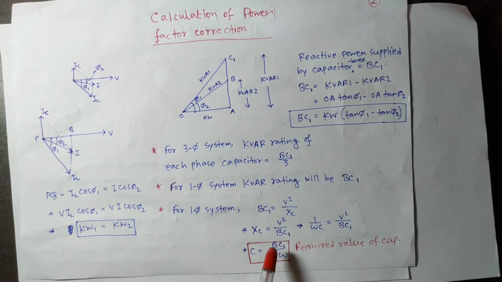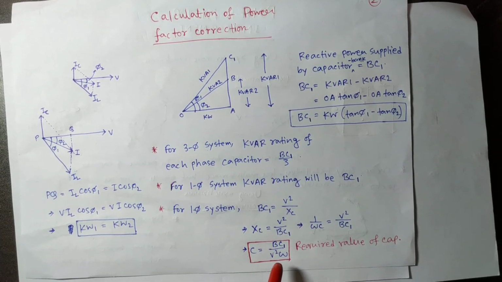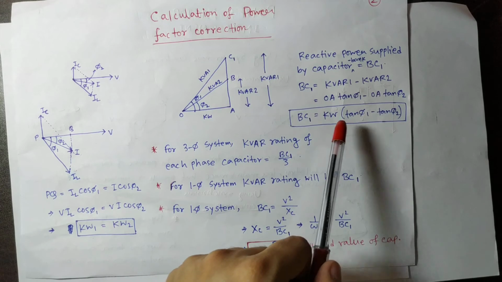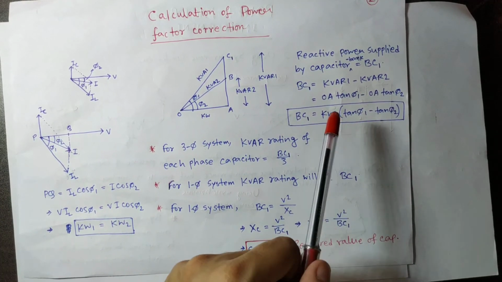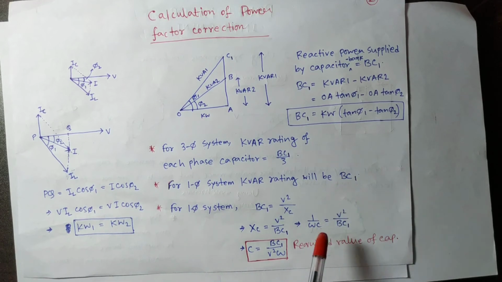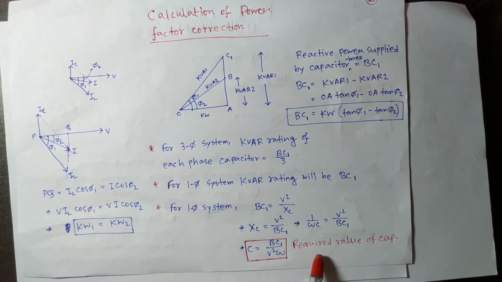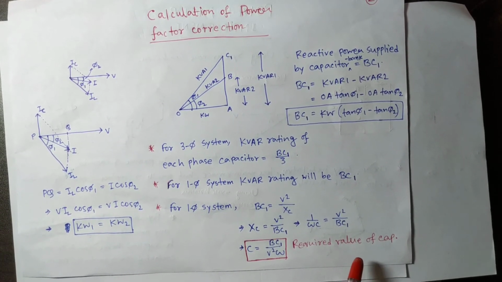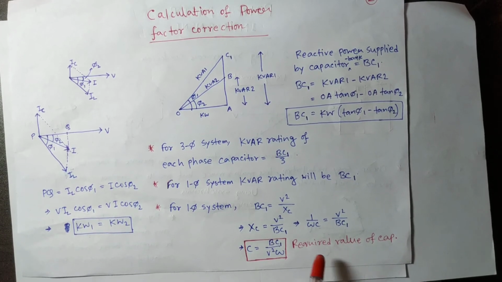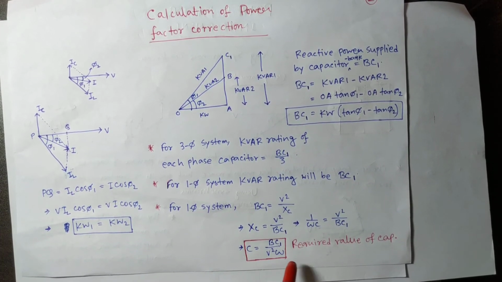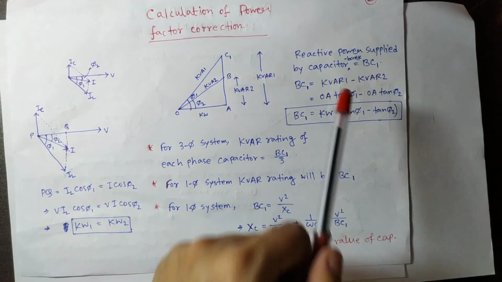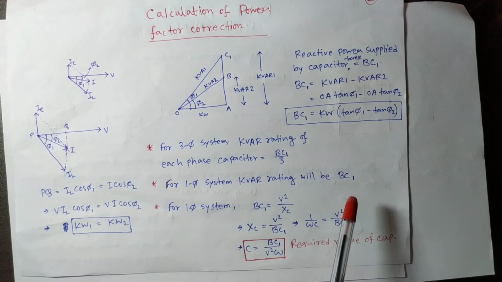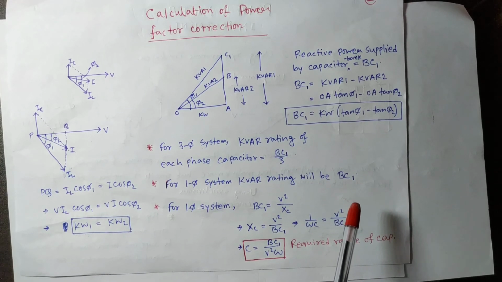So a numerical can also be asked from this equation, where you have been given all the data like kilowatt demand and power factor angles, and first you may be asked what is the reactive power supplied, and then what will be the required value of the capacitor that you are going to connect. So using this equation, you can find the required value of capacitor that will provide the reactive power you want in order to improve your power factor, right?